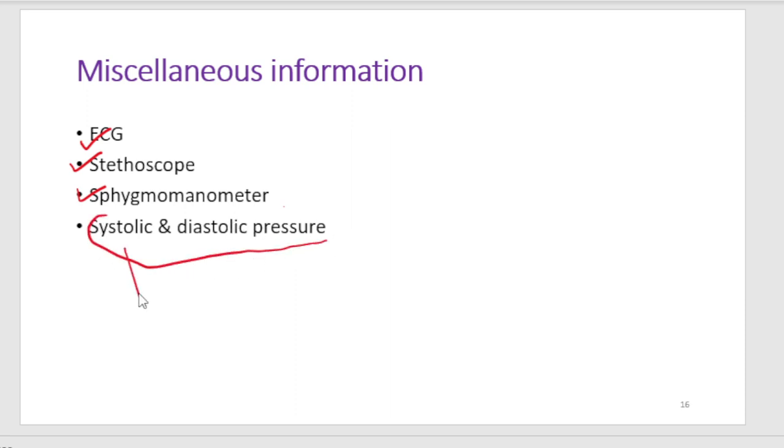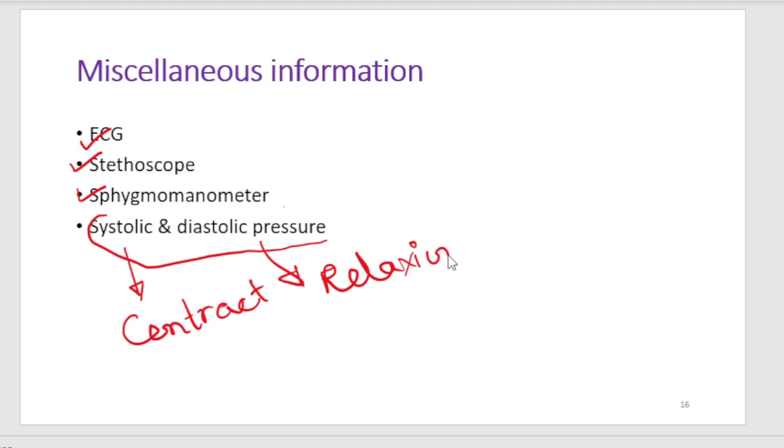Systolic is the contraction pressure when your heart is contracted, while diastolic is the relaxation mode of our heart. In a healthy person, the normal reading is 120/80 mmHg.